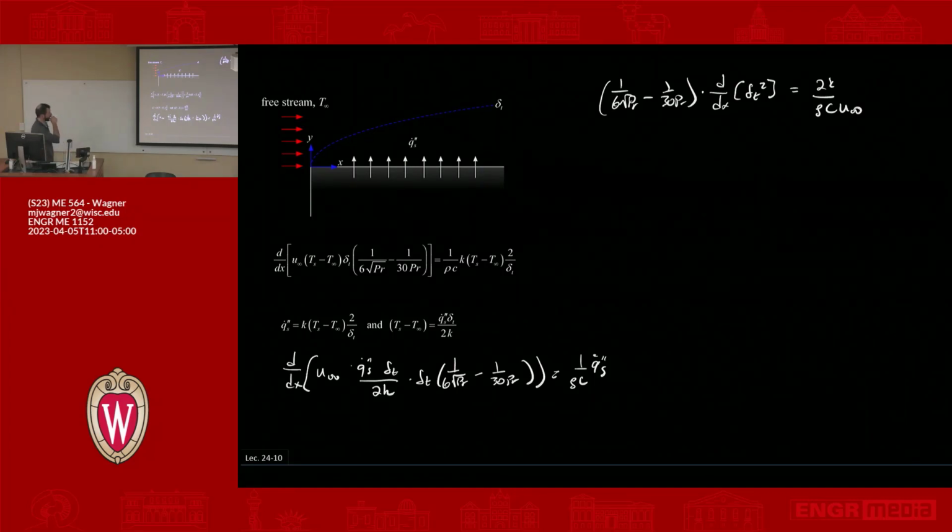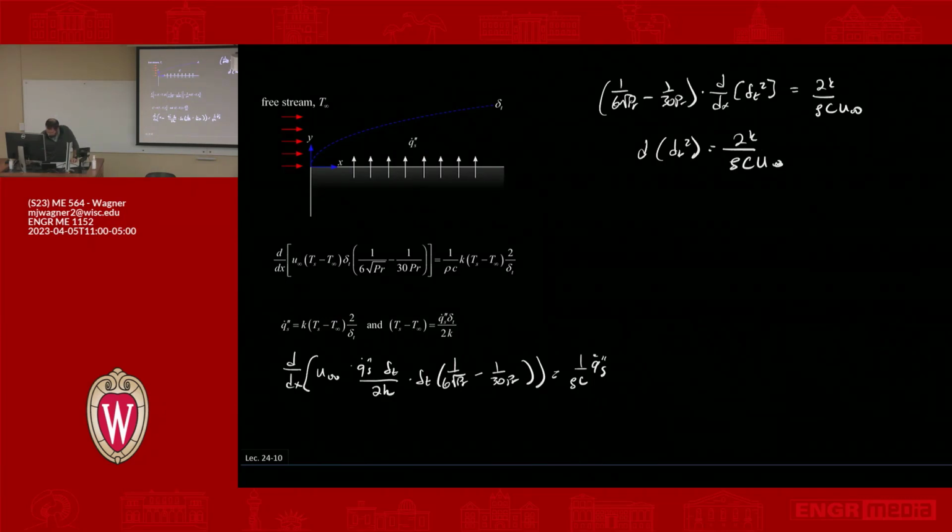So how do we solve that? We're trying to take the integral of d delta T squared. That's fine. You can bring the x over to the right-hand side and do the integral for d delta T squared. So rearranging becomes like this: d of delta T squared equals 2k over rho c u infinity.